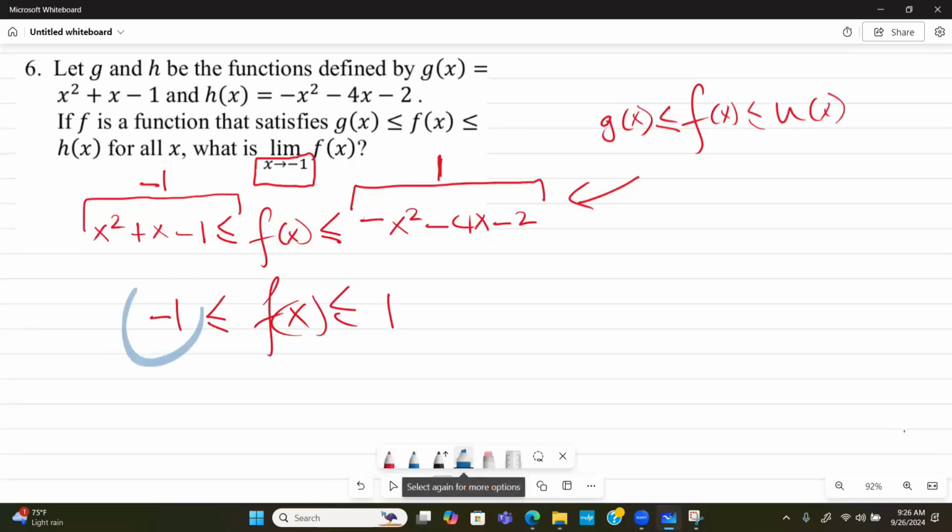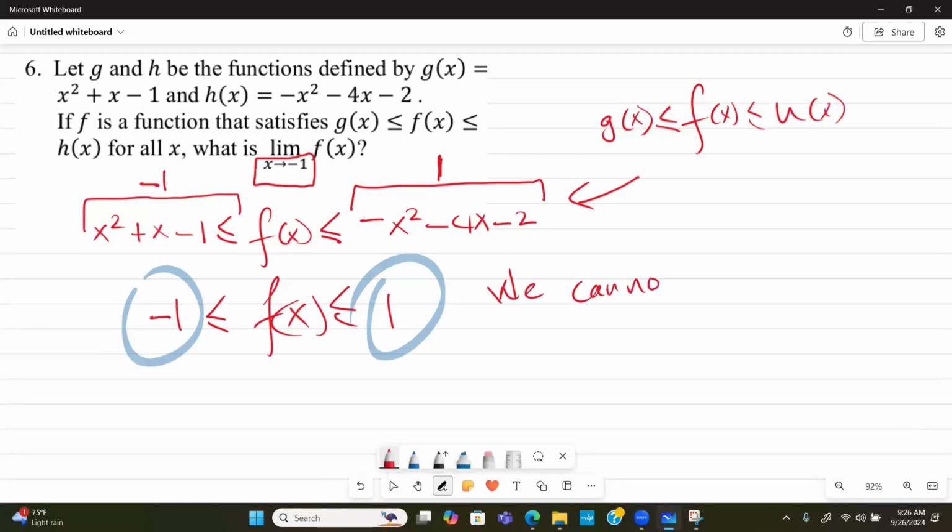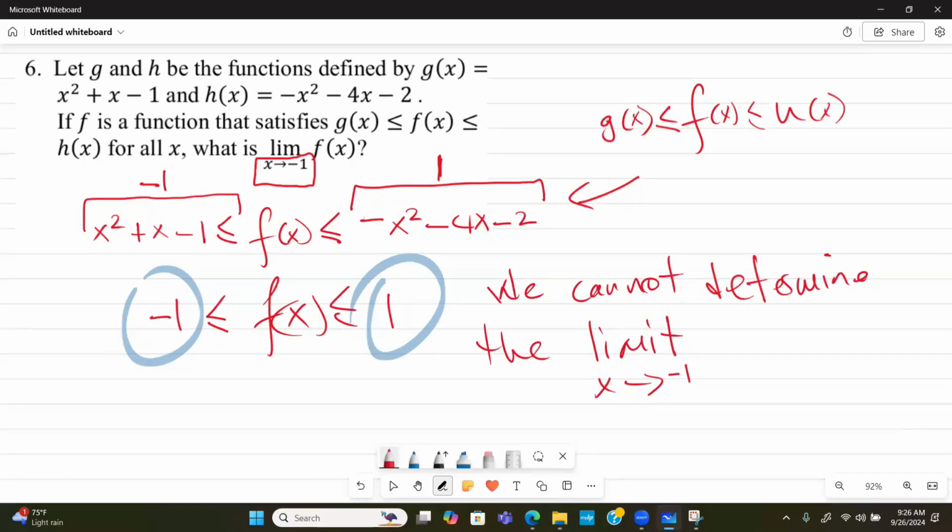Now, because this number is not the same as this number, the conclusion is that we cannot determine the limit as X goes towards -1 using the squeeze theorem. That's all it means. We cannot tell what it is using this theorem because since the numbers did not come back to be the same, it simply means that we can't determine it by the squeeze theorem.